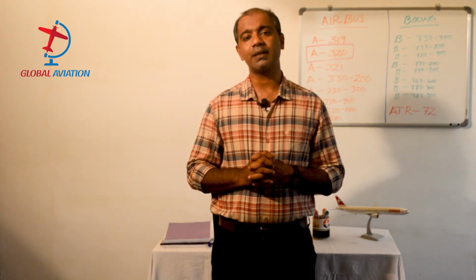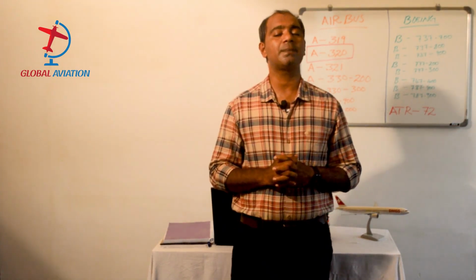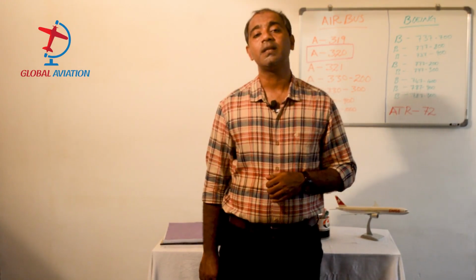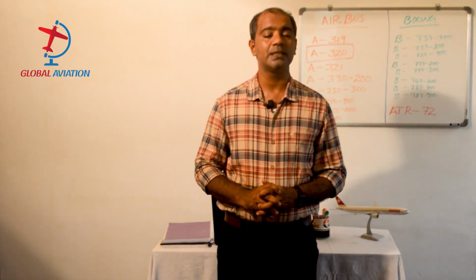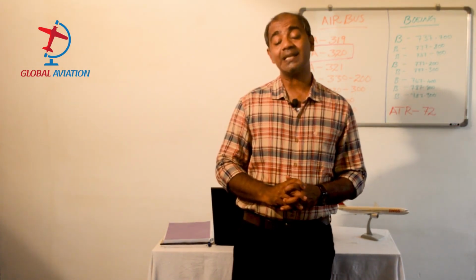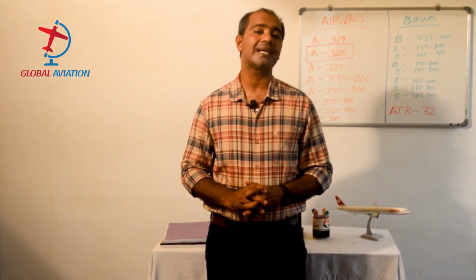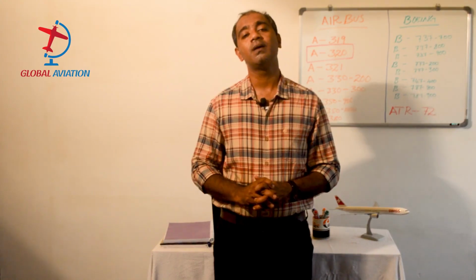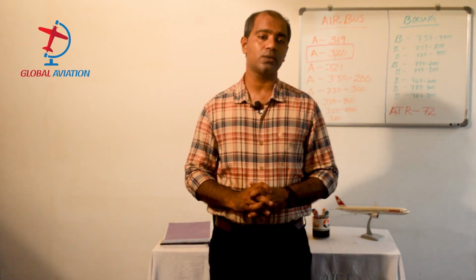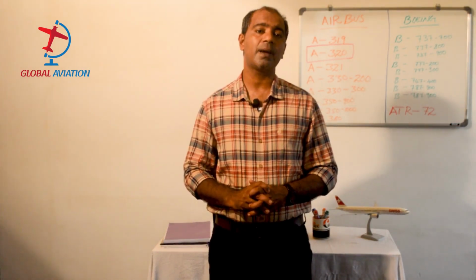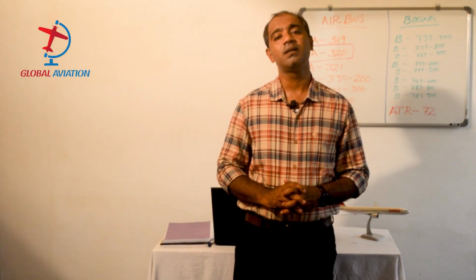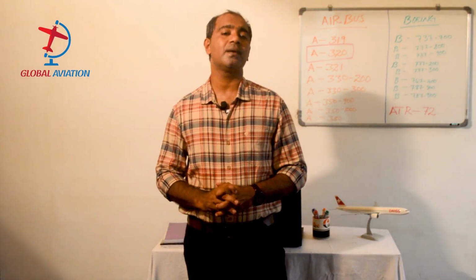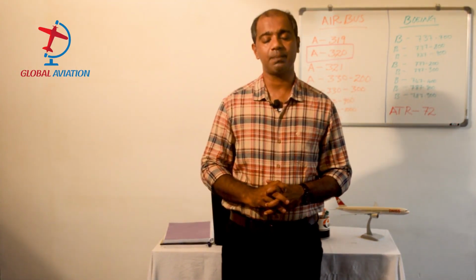The passenger cabin, or the main deck, is used for seating the passengers. This is also known as the cabin. The cabin is also divided into three: cabin A, cabin B, cabin C, and the holds are divided into compartments.